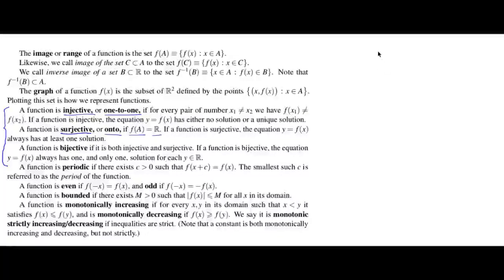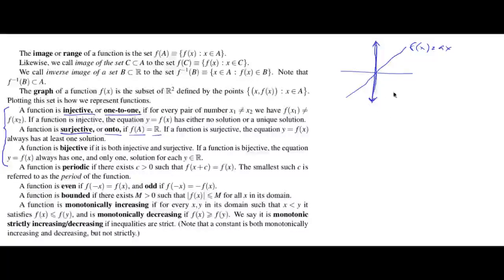What is this saying? Take a function like f of x is a times x. If you look at the vertical values that the function is taking, it takes every single value from minus infinity to infinity.